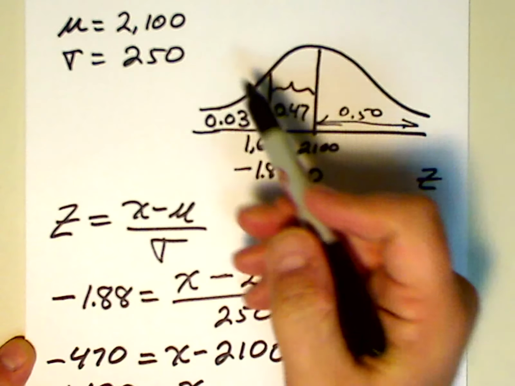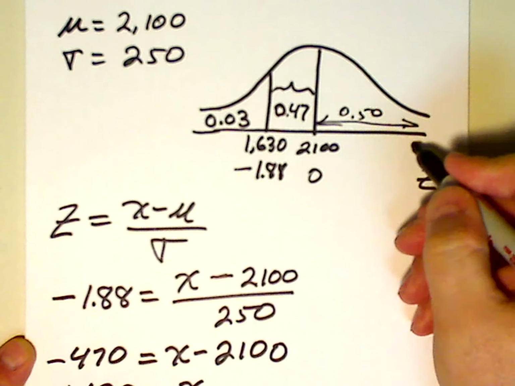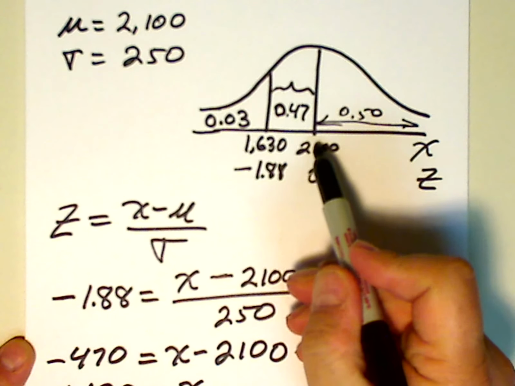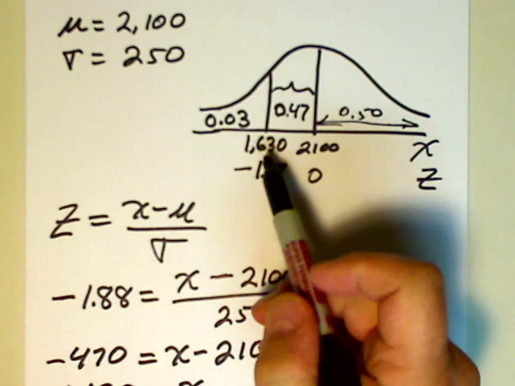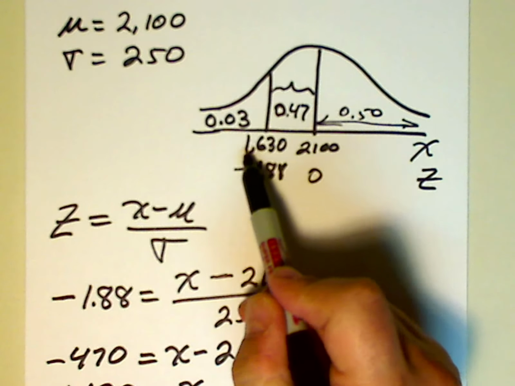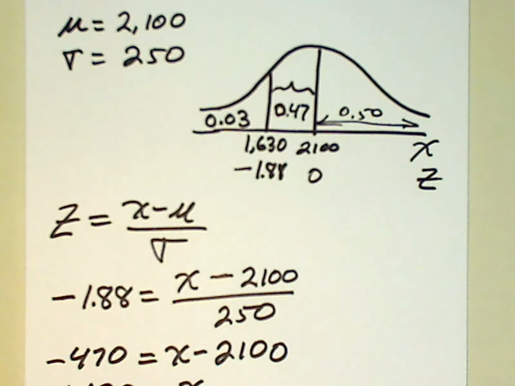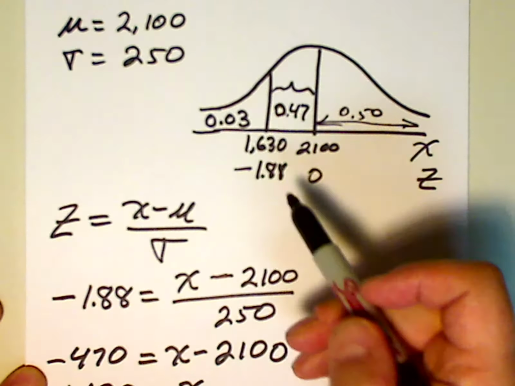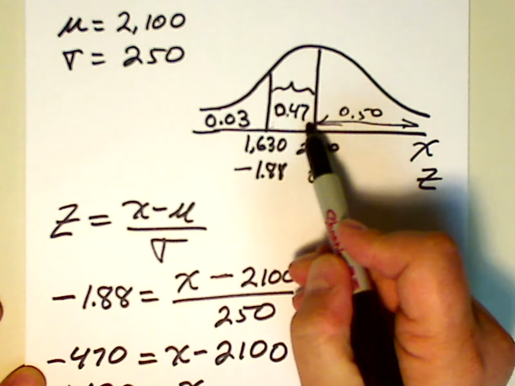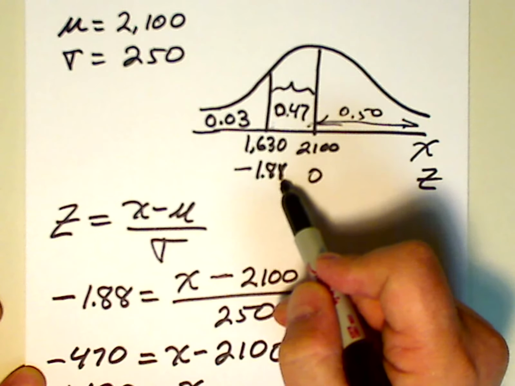We were given a mean of 2,100 and a standard deviation of 250. That mean 2,100 is here. We were asked about the lowest 3%. We didn't know when we started what that x value was, but we looked up in our z-value table and we found that associated with 0.47 here was a z-value of negative 1.88.